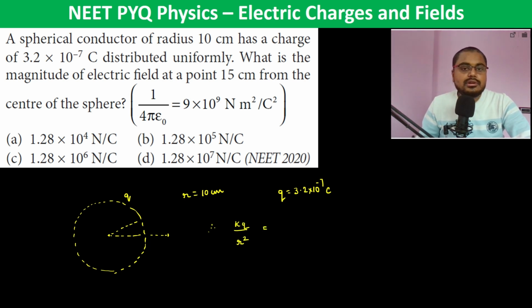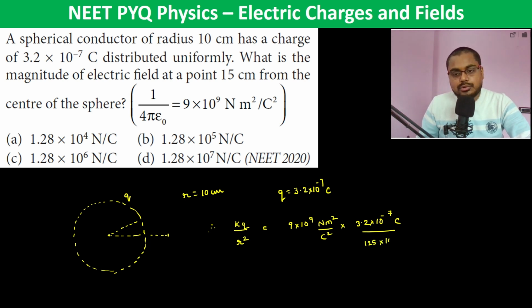K is 9 into 10 to the power 9 Newton meter square per coulomb square, into Q, which is 3.2 into 10 to the power minus 7 coulomb, divided by R square. R was 15 centimeter, so 225 into 10 to the power minus 4 meter square. So meter square is gone.